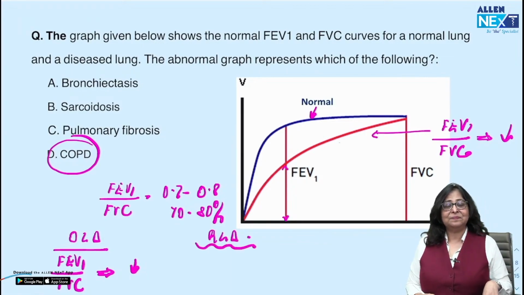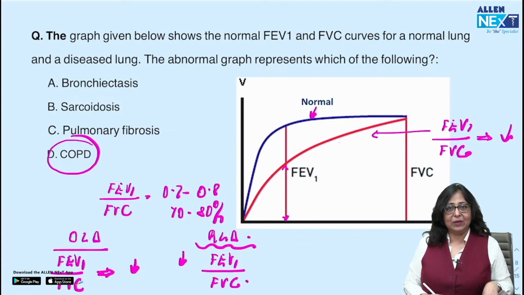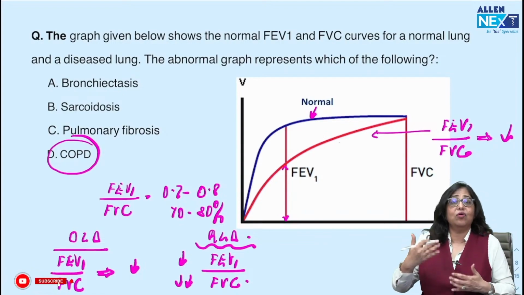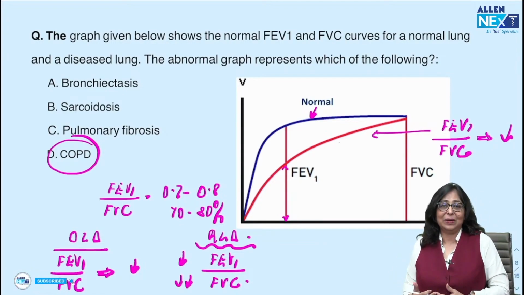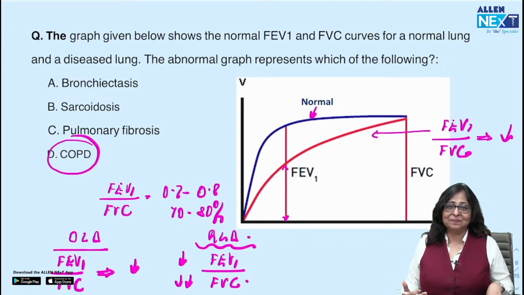What happens in restrictive lung diseases? Both the FEV1 and FVC will reduce, but the reduction in FVC is more than the reduction in FEV1. Here, the denominator reduces more than the numerator.